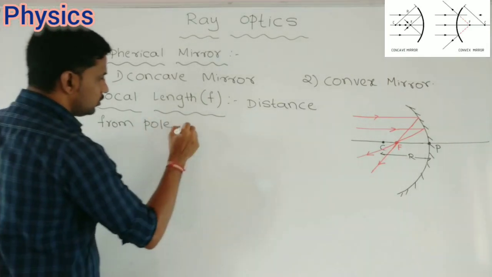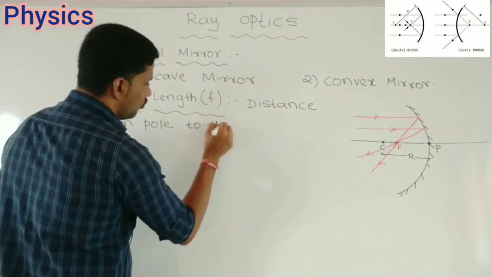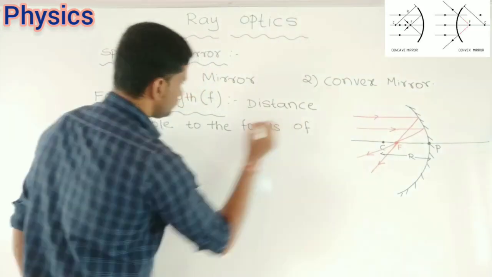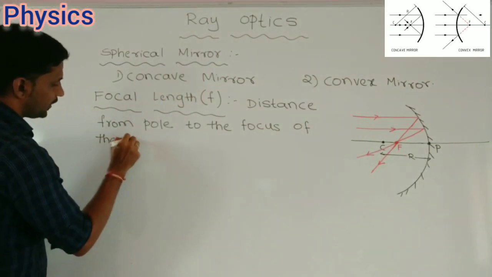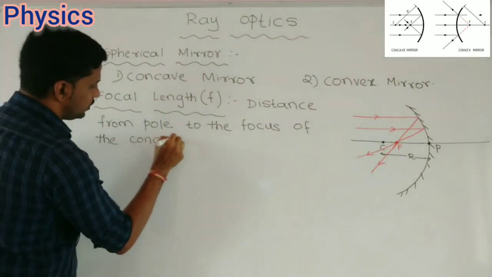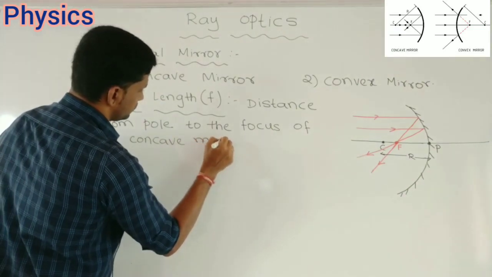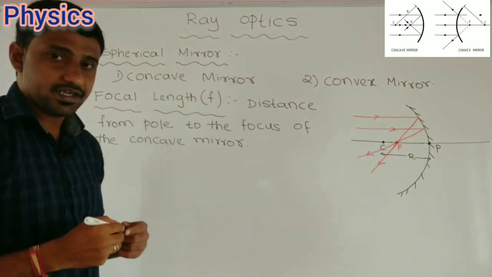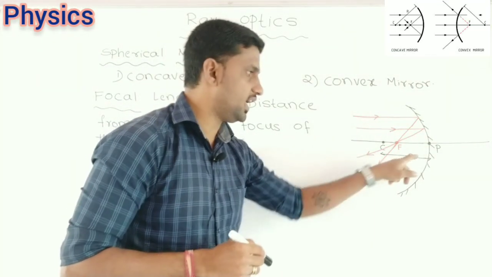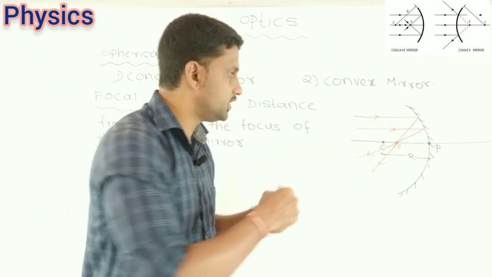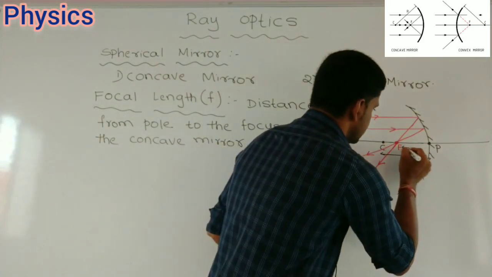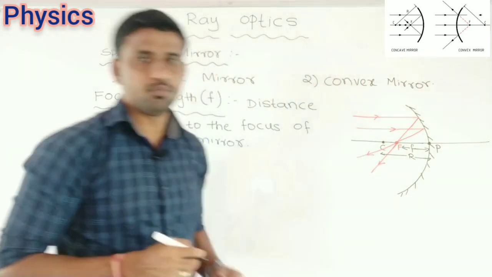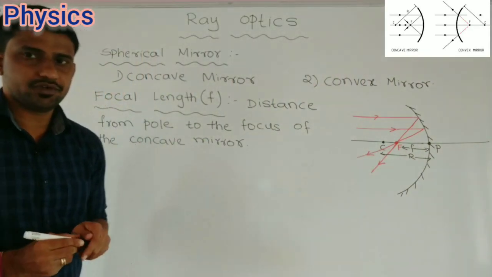The distance from the pole to the focus of the concave mirror is called the focal length. That means the distance from pole to the focus. This distance is called the focal length of the concave mirror. Okay, that is another term we are using.